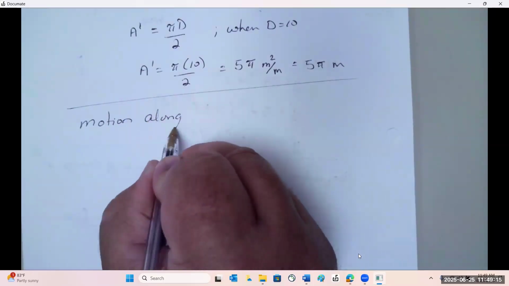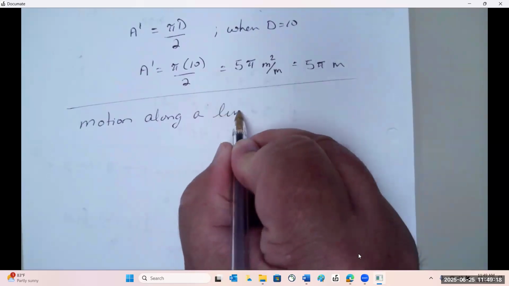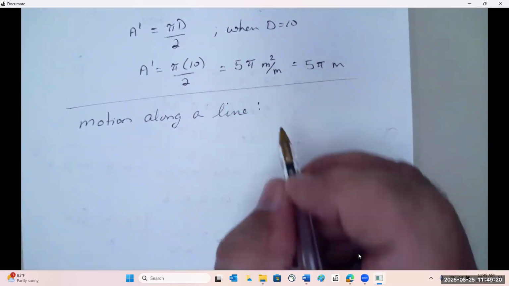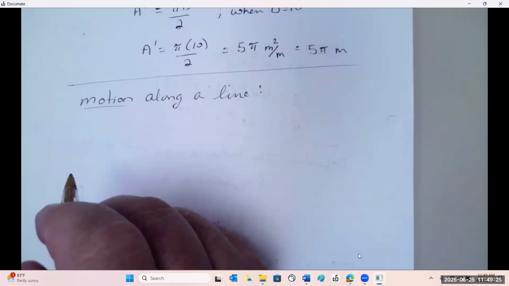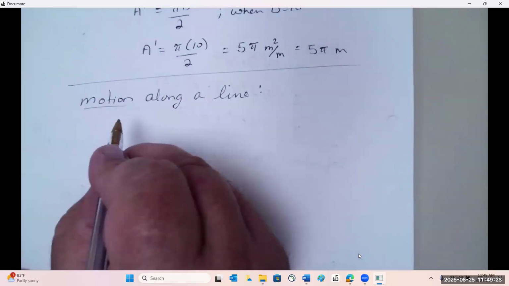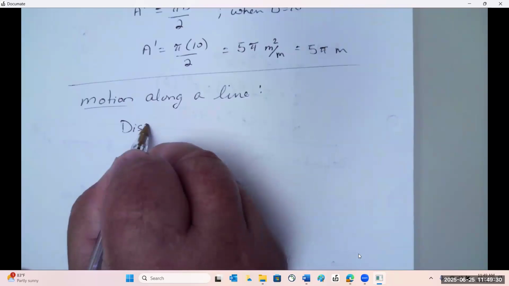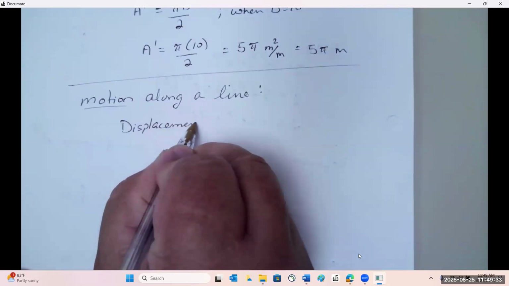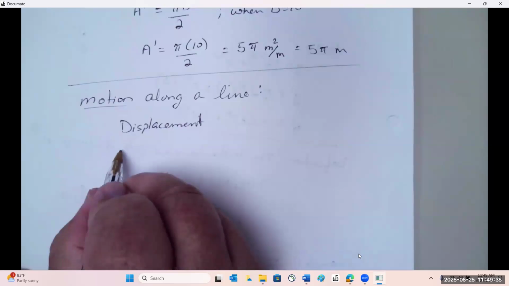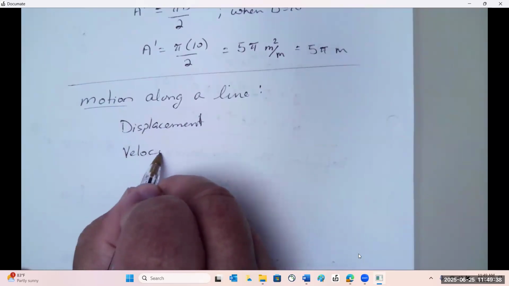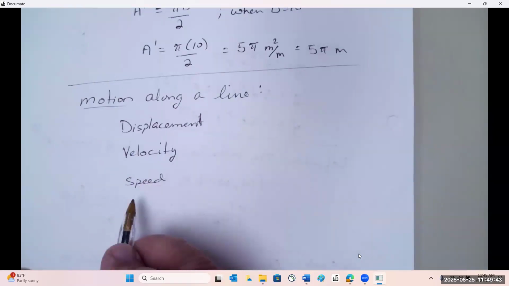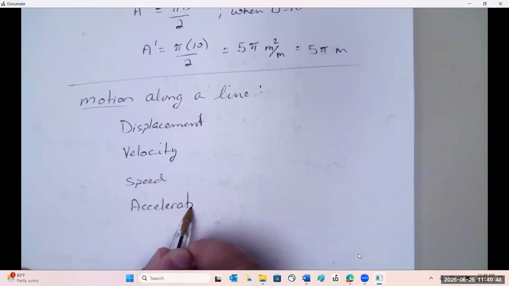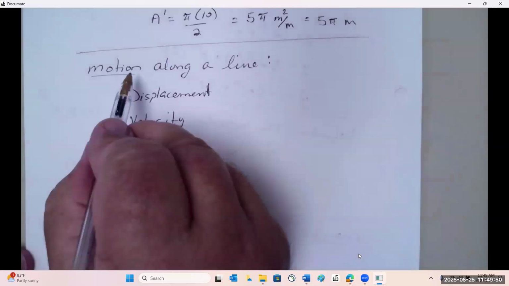Motion along a line. This is a moving problem. So we're looking at 4 things: the displacement, the velocity, the speed, and the acceleration.